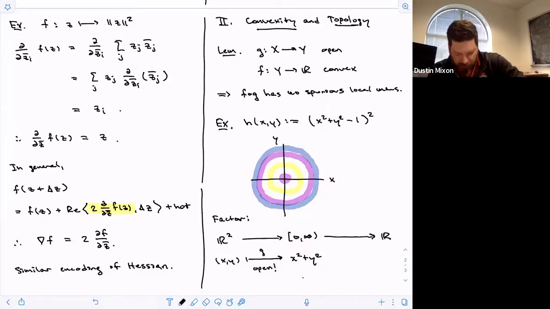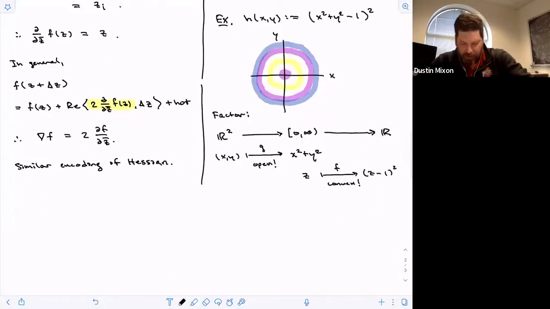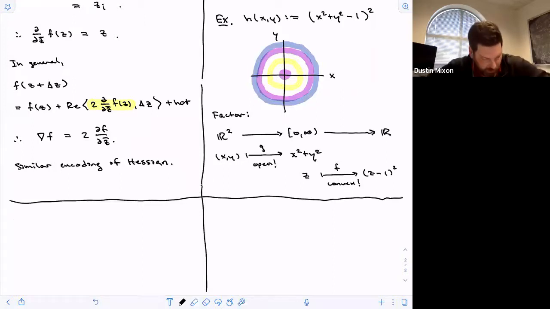I'll be composing this with another function that sends z to (z minus 1) squared. This will be f, and this is convex. Okay. So by virtue of the fact that H is the composition of f and g, we get to conclude that it has no spurious local minimizers.